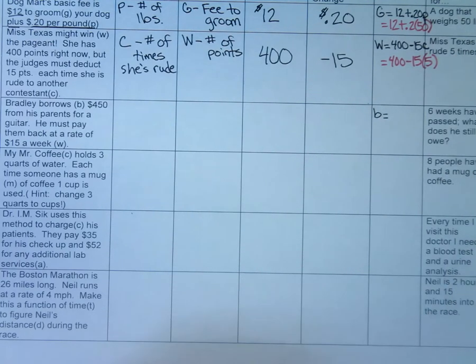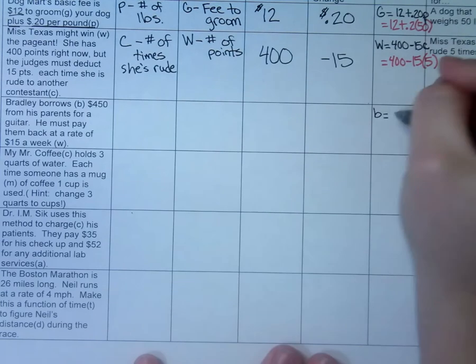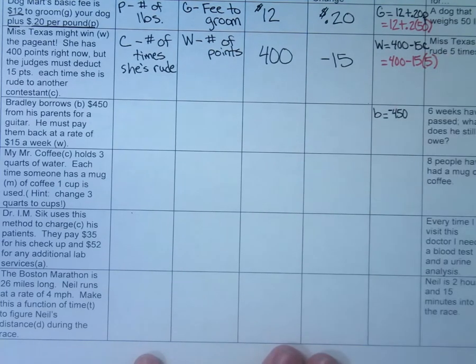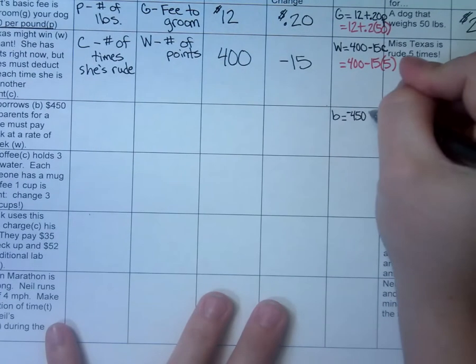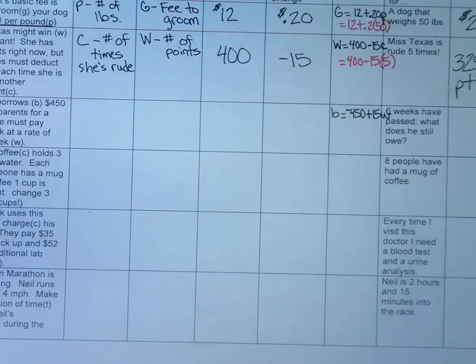If you borrow $450 from your parents, is that a positive number or is that a negative number? If you borrow $450, is that money you have in your pocket or money you owe? Well, if it's money you owe, it needs to be a negative $450. And then if he's paying them back at a rate of $15 a week, that means he's making $15 every single week. So that's a positive to our name. So it's plus 15W.